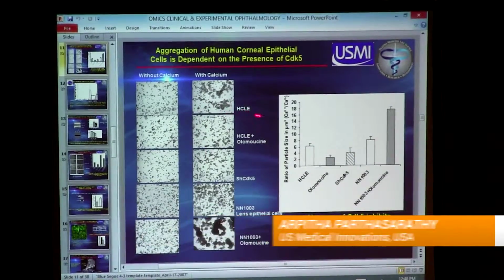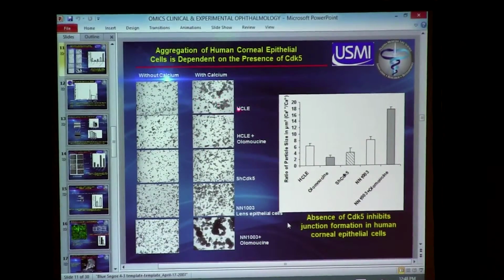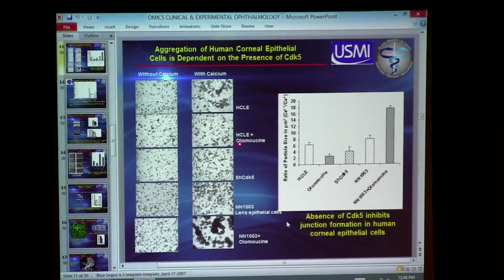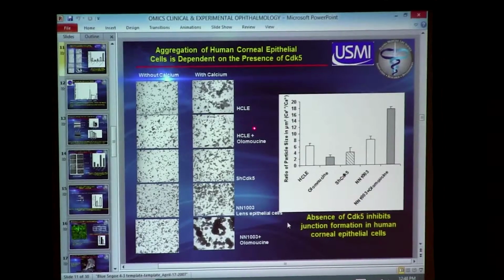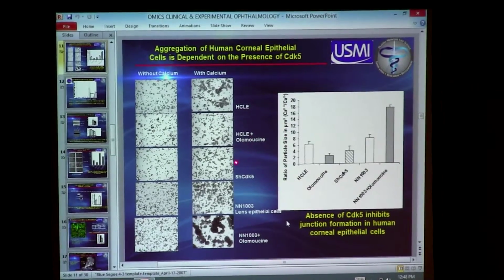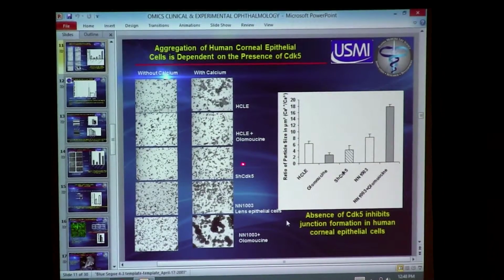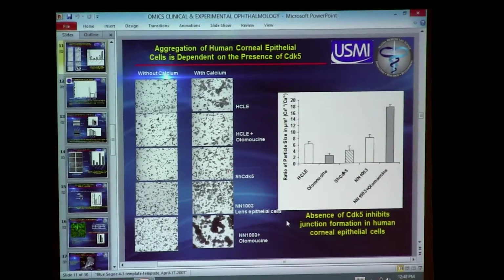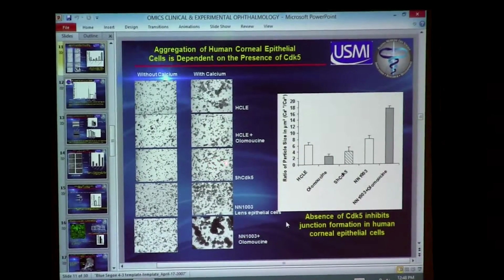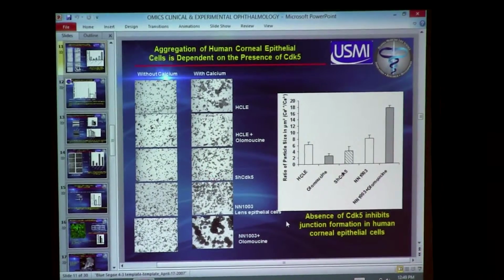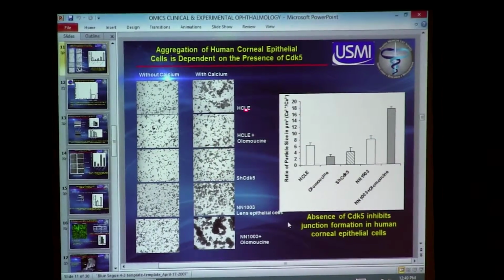One is the HCLE, which is the normal corneal epithelial cells, devoid of CDK5 using a pharmacological inhibitor called olomoucine, which not only inhibits the kinase activity but also the expression. And another cell line which I had made in the laboratory, which was the SH-CDK5, which did not express the kinase. And the other two were the lens epithelial cells, which express N-cadherin.